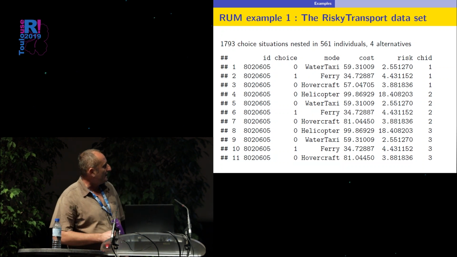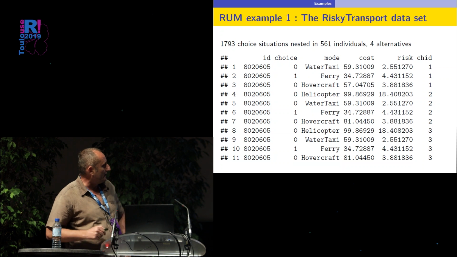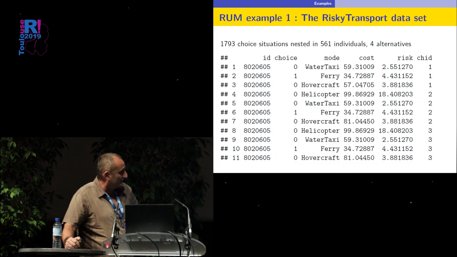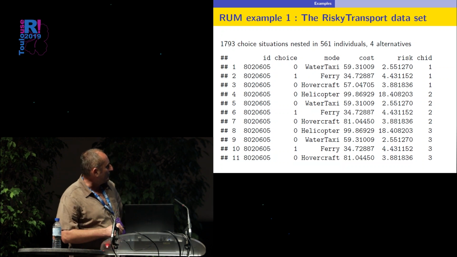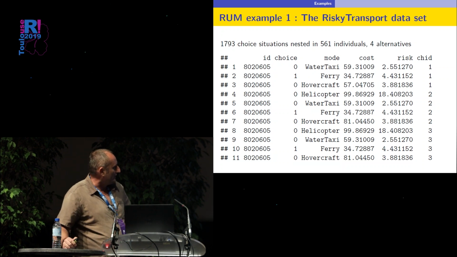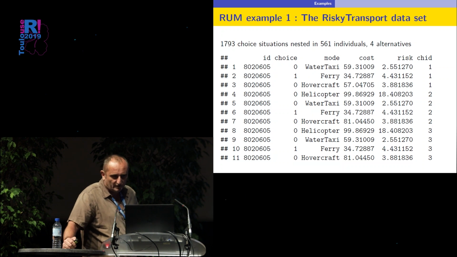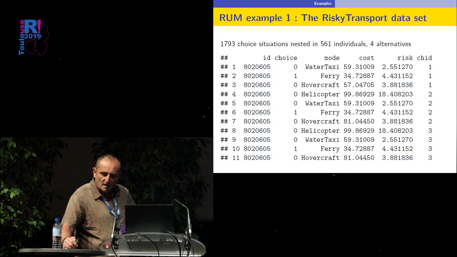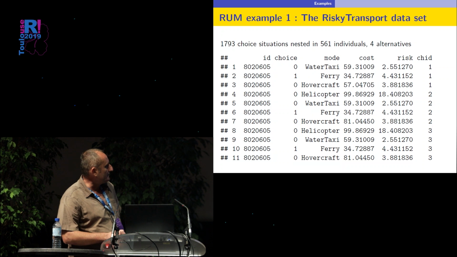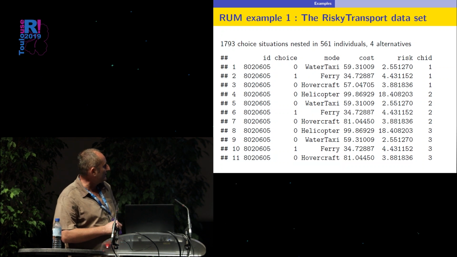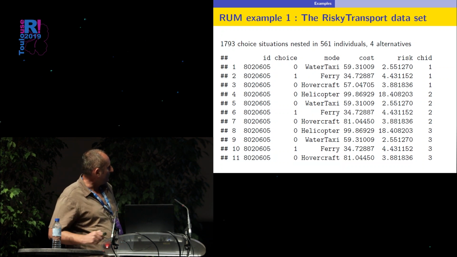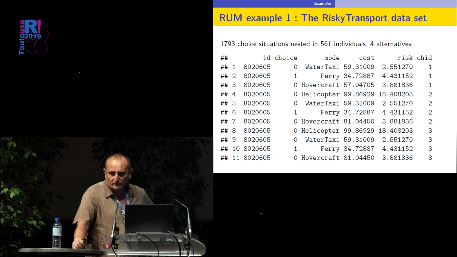So the first index here is the last column, called CHID, which is the choice situation ID. And the second index here is the mode column, which indicates the different alternatives which are available. And this time you can see that this CHID, the first index, is nested in the ID index here. The ID index identifies the individuals.